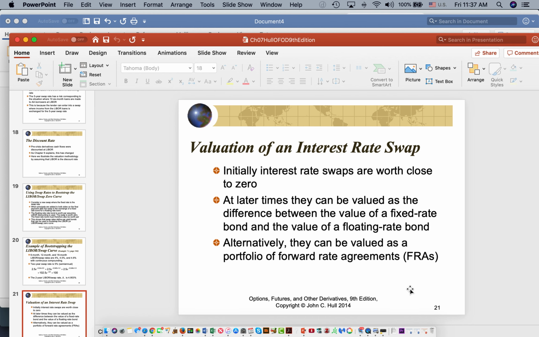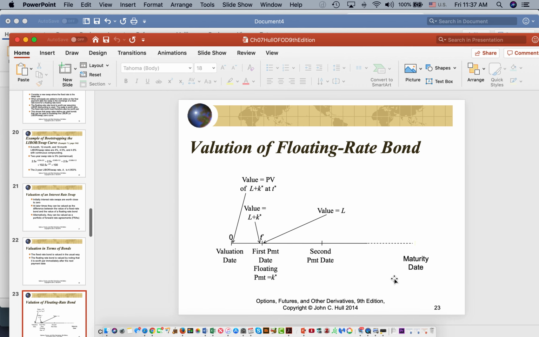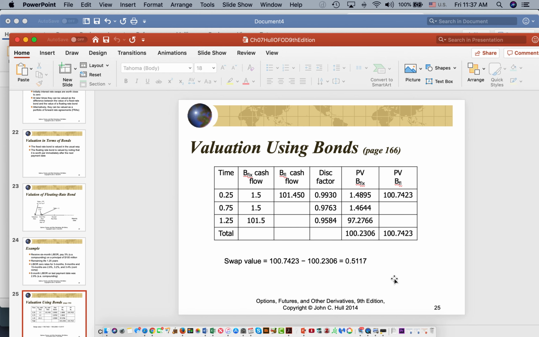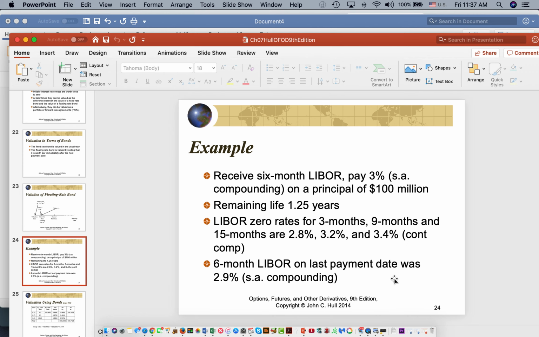And on your exam you also have to be able to get the valuation of swaps. One of the things that you need to be able to do is to go through an example.